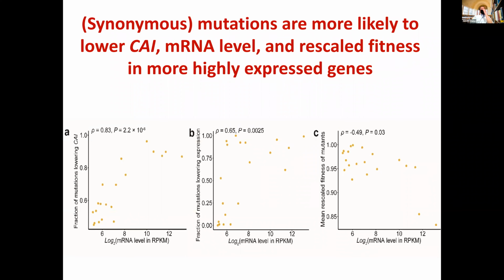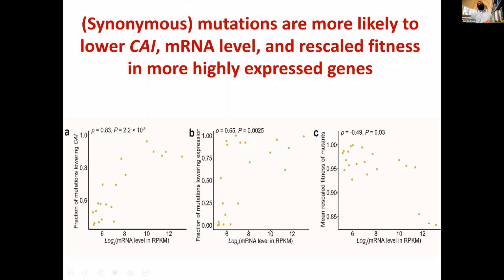The other thing we observed is that for both synonymous and non-synonymous mutations, there is a correlation between the expression level of the gene and the fraction of mutations lowering CAI. That is expected because highly expressed genes have high CAI, so mutations are more likely to decrease CAI. And lowly expressed genes have low CAI, so mutations would tend to increase CAI. This correlation translates into a correlation between the expression level of the gene and the fraction of mutations lowering expression, which then translates into fitness.